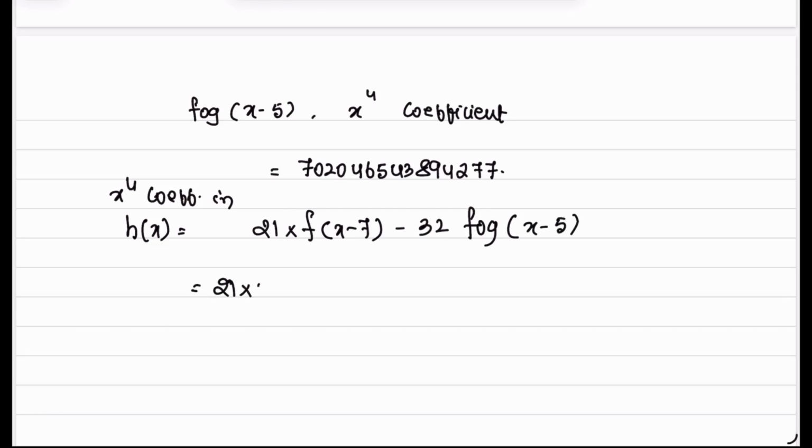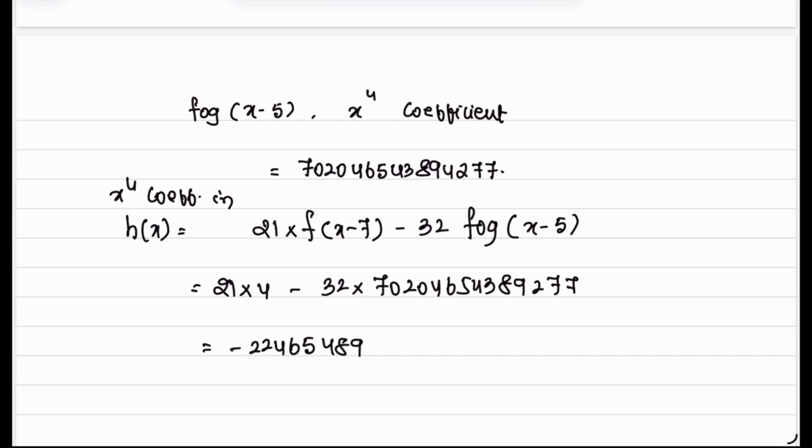That is equal to 21 into 4 minus 32 into... I am only talking about the x to the power of 4 coefficient. 702046543894 is equal to minus 22465 489 404 616 780. This is the answer.